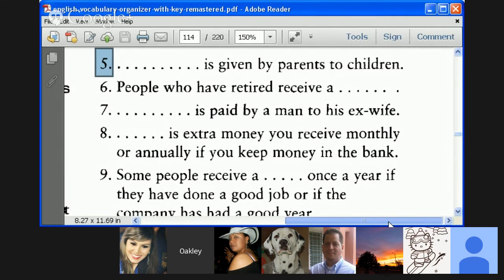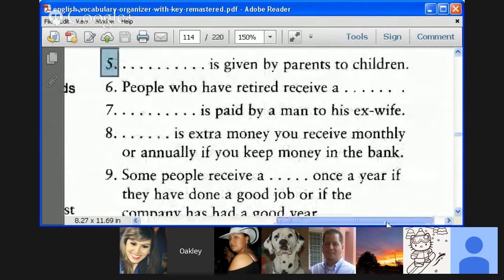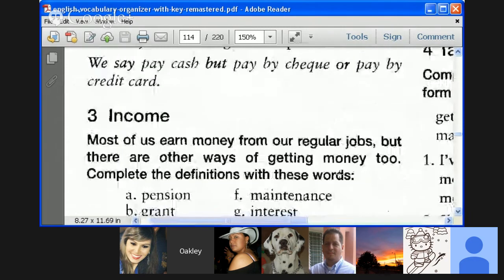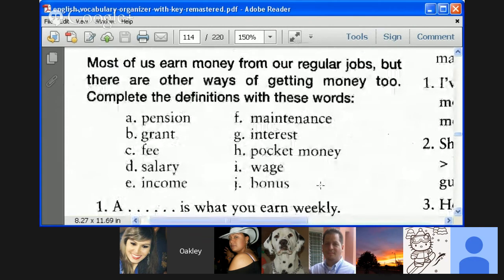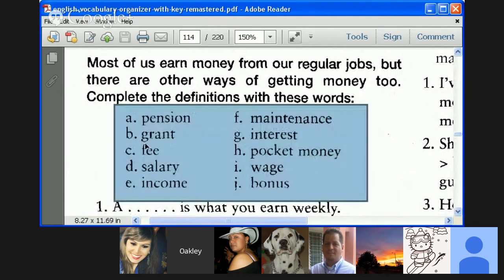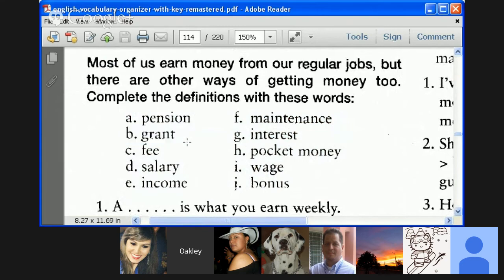Grant is given by parents to children. Grant? Not really. What do parents give children here? Not a grant. A grant is, well, the government gives a grant to a university for people to do research.